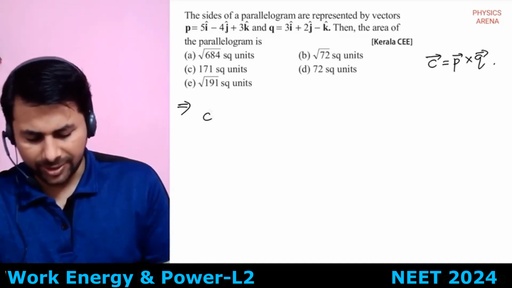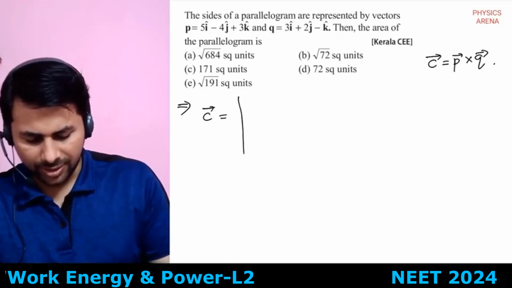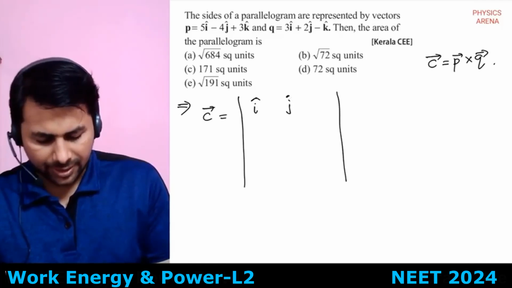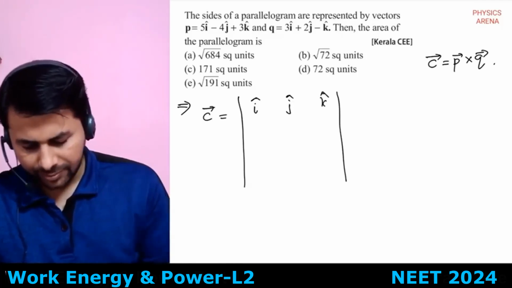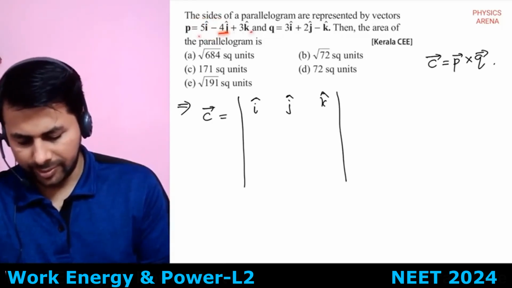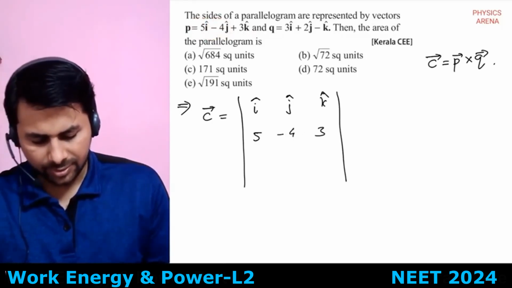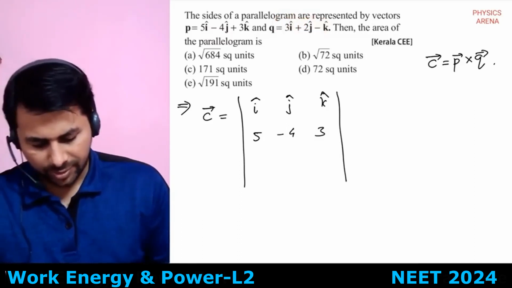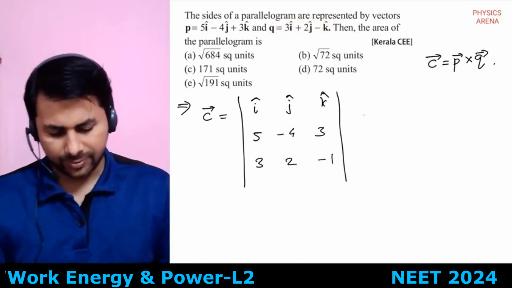You will find C bar first using the determinant. Same thing, I, J, K. What are these? 5 minus 4, 3. And this one is 3, 2 minus 1.